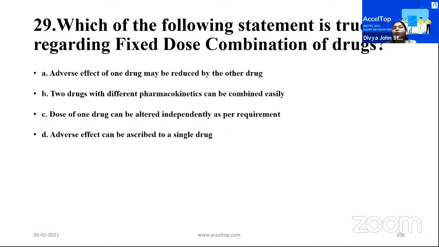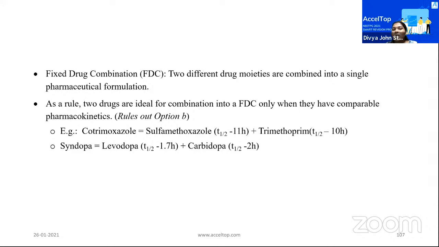Okay. So which of the following statements is true regarding fixed dose combination of the drug? The options given are: adverse effect of one drug may be reduced by the other drug; two drugs with different pharmacokinetics can be combined easily; dose of one drug can be altered independently as per requirement; adverse effect can be ascribed to single agent. Okay. So fixed drug combination is two different drug moieties combined into a single pharmaceutical formulation.